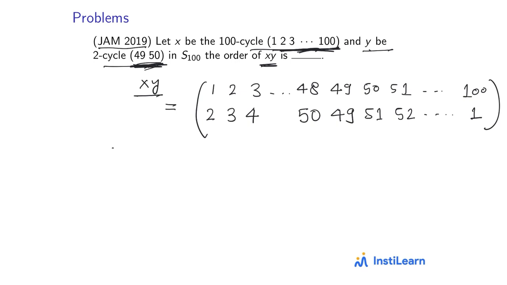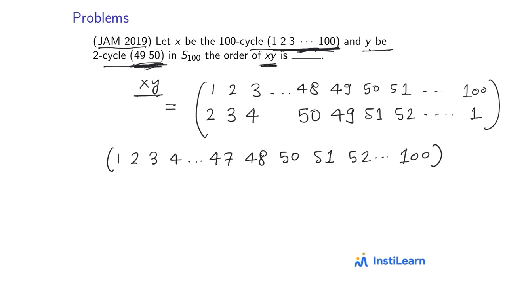Now let's write the product of disjoint cycles. So 1 going to 2, 2 going to 3, 3 going to 4, things are fine. 47 going to 48, but 48 is going to 50, and then you skip, so 50 going to 51, and 52 dot dot dot till 100.